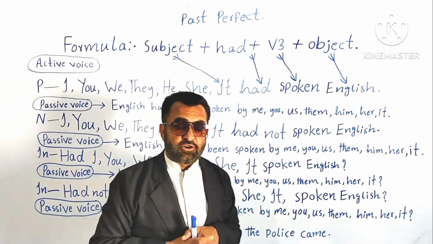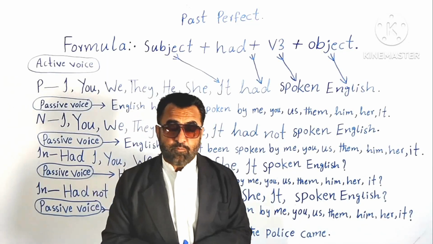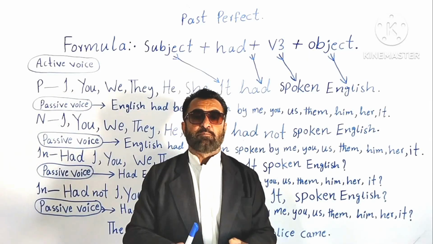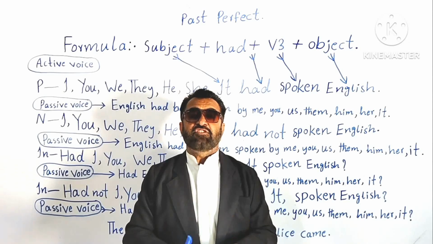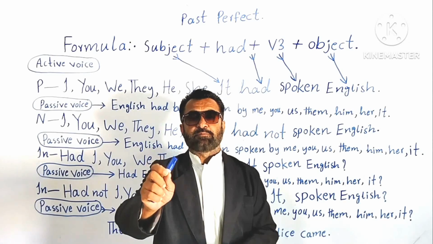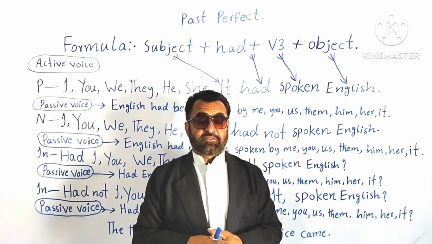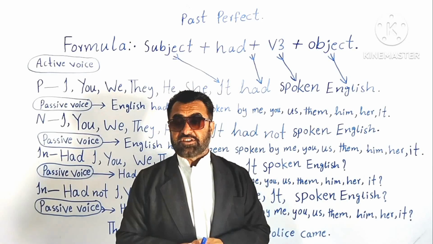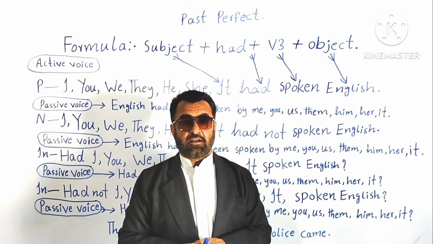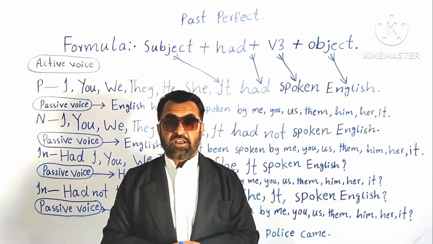Now here I would like to tell you one thing, that when it comes to past perfect, no problem. Why? Because with each and every subject, the helping verb that comes is had. That's why no problem. But apart from that, it can put us in trouble.